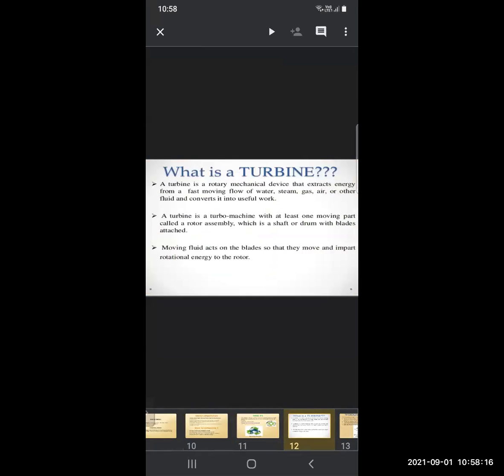Now, what is a turbine? We saw in the last lecture on Monday that in the thermal power plant and in the nuclear power plant, a turbine is used. So, a turbine is a rotary mechanical device that extracts energy from a fast moving flow of water, steam, gas, air, or other fluid and converts it into useful work.